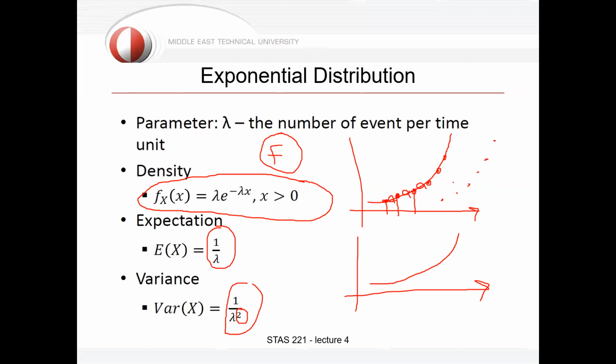But sometimes you see, for example, in some pictures for Poisson distribution that they show the line, it's just to show the trend. Otherwise, we don't have any line between these dots. Also, for the general discrete case, for example, the discrete uniform case, just these points are good enough for us.